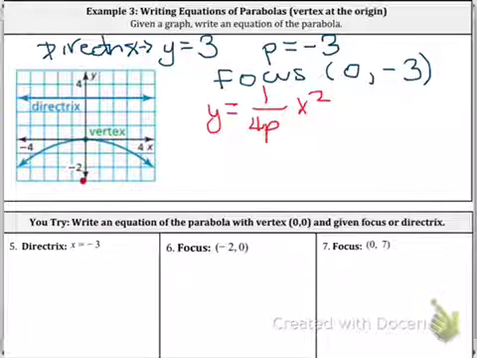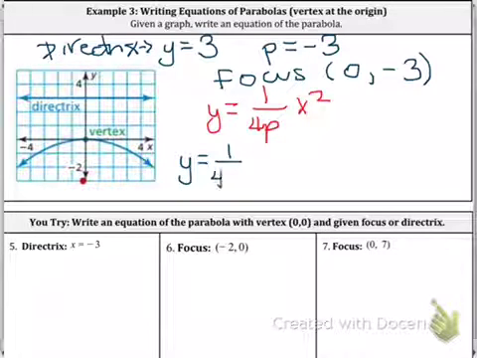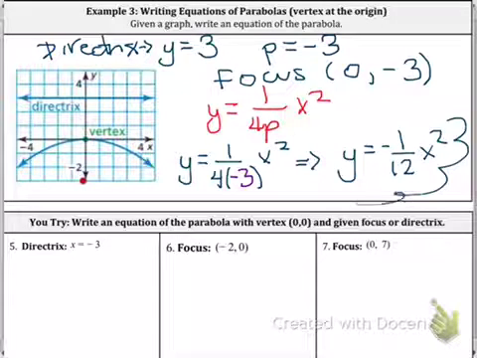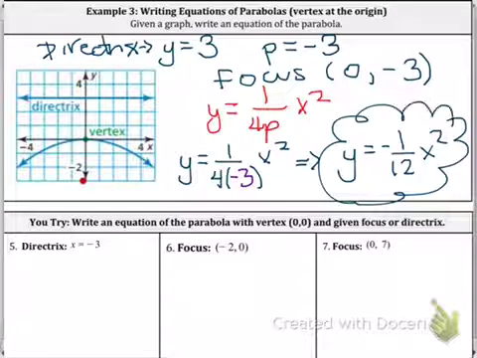So we have y equals 1/4 times our p-value, and our p-value again is -3, and then x². So our equation is y equals -1/12 x², and that is it.